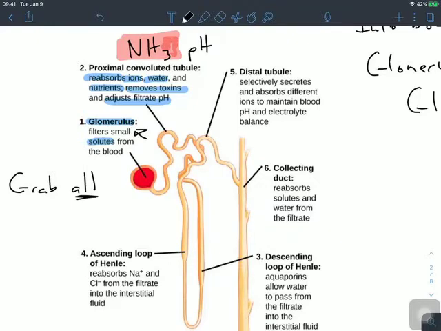The NH3 will then react with the H pluses in the filtrate to form ammonium. So this is the first step on your way to making urea within your urinary bladder.